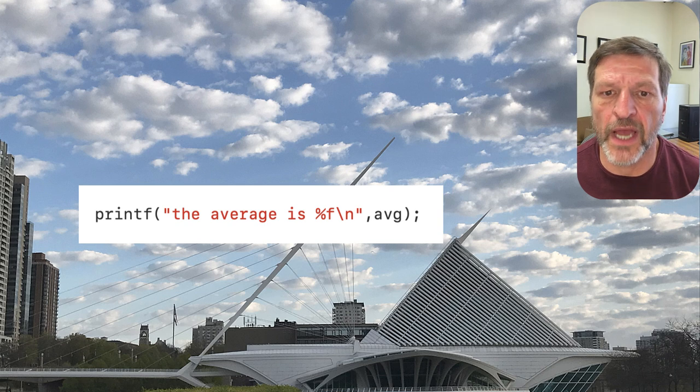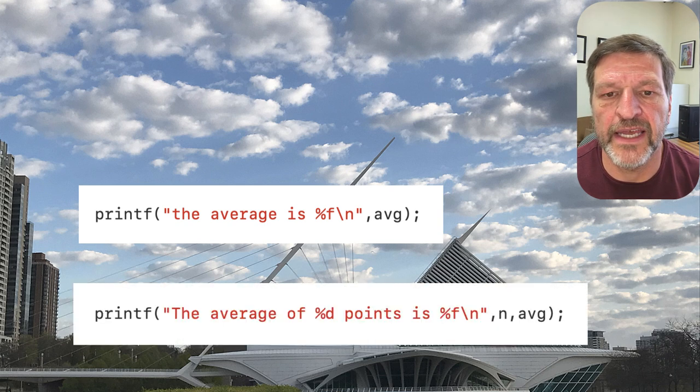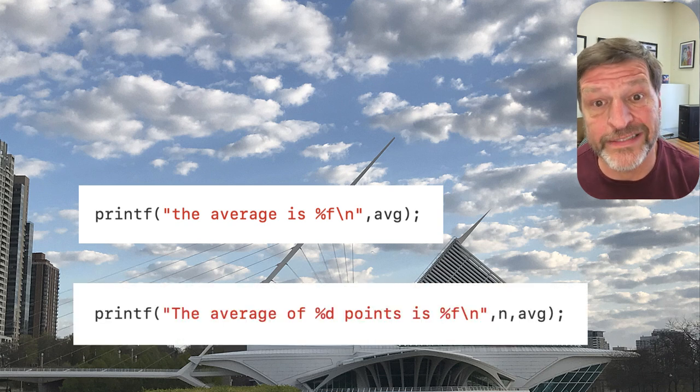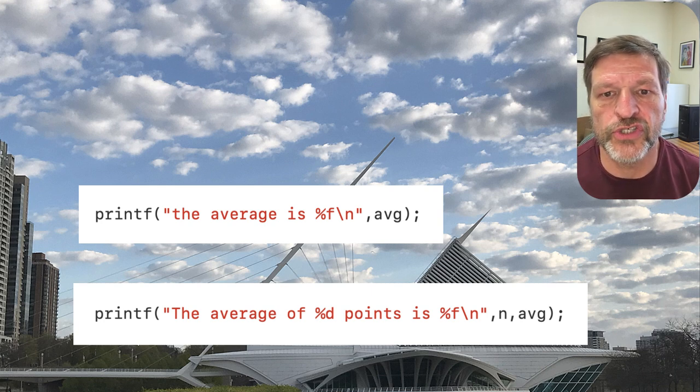But you can also see I use the printf statement saying the average of a certain number of points is equal to that average. And so there are two variables that we're printing out, n, the number of points, and the average. There's still one string at the beginning, but now there are two arguments after that: comma, then n, comma, then average.